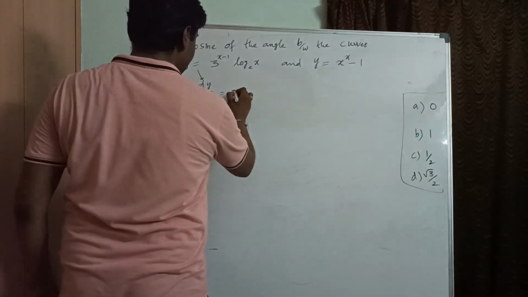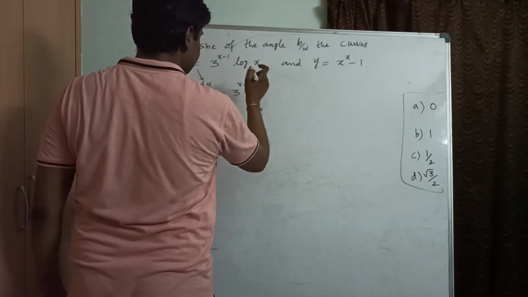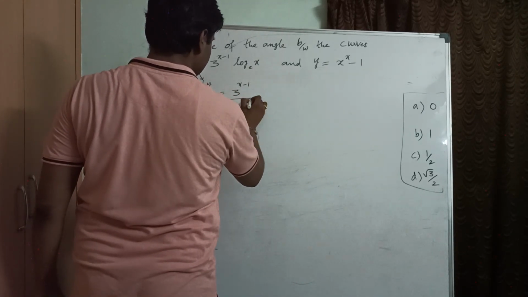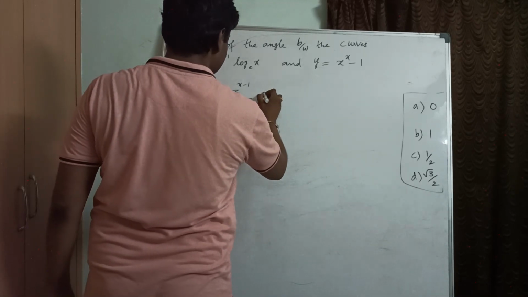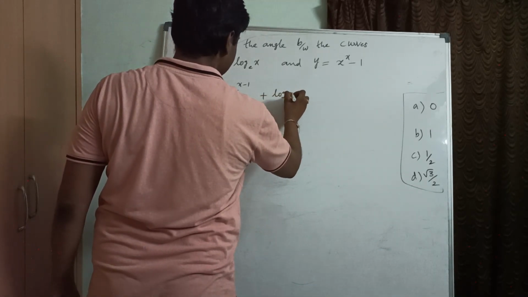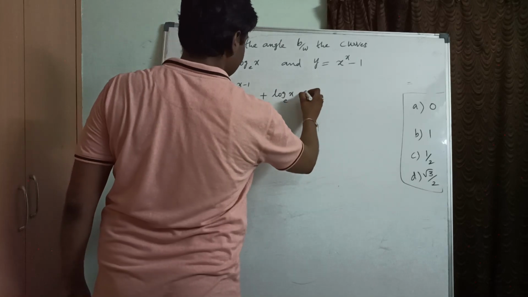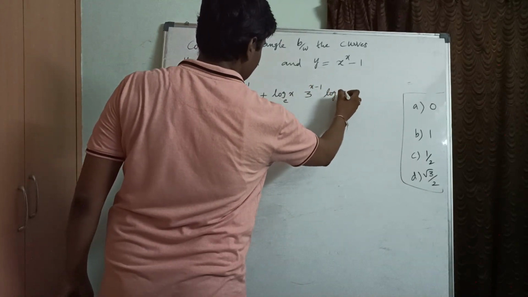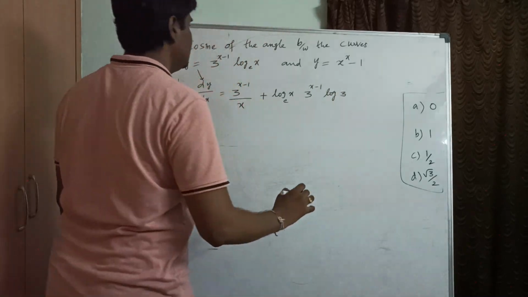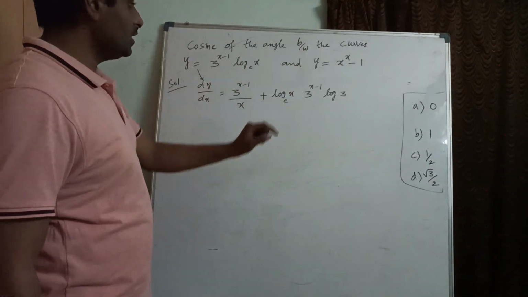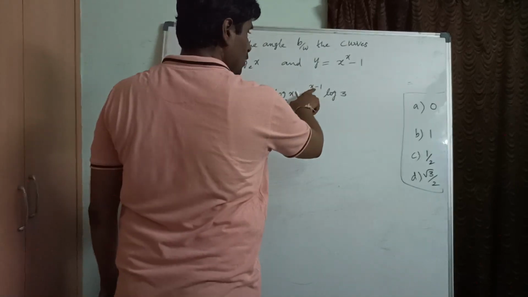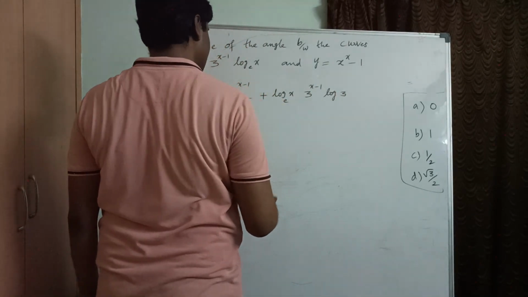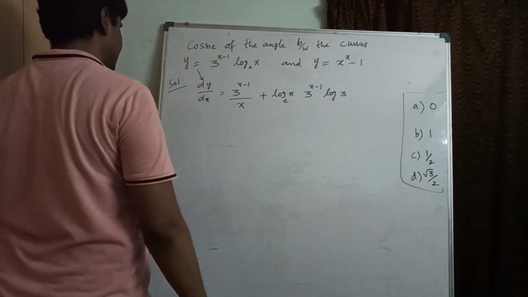So 3 power x minus 1 into derivation of log x, 1 by x, plus log x as it is into derivation of 3 power x minus 1, which is 3 power x minus 1 into log 3. Correct? a power x log a. Again derivation of x minus 1 is 1 minus 0, 1. So this is dy by dx.